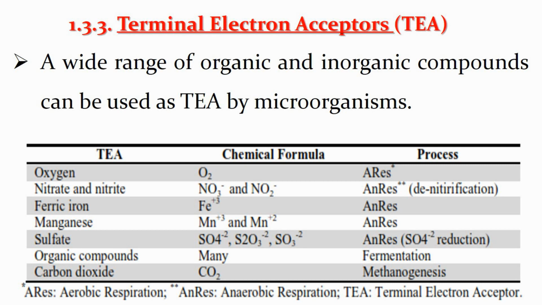If you use ferric ions, that is also under anaerobic conditions. If you use manganese, the process will also be under anaerobic conditions. If you use any organic compounds, the process is called fermentation. If you use carbon dioxide, the process is called methanogenesis.